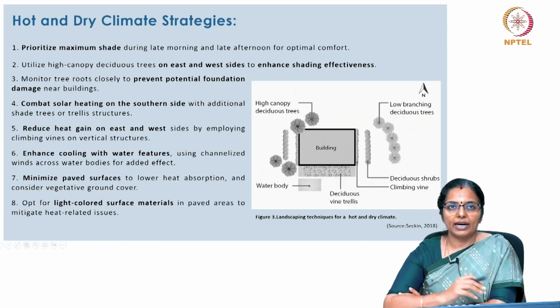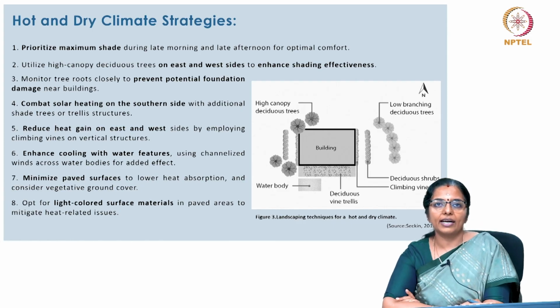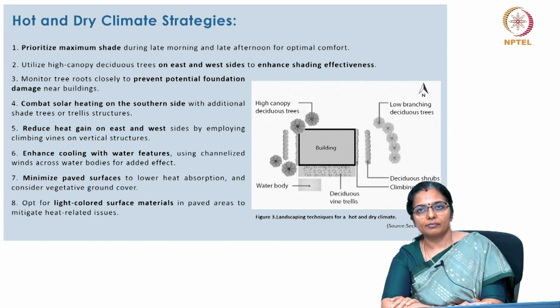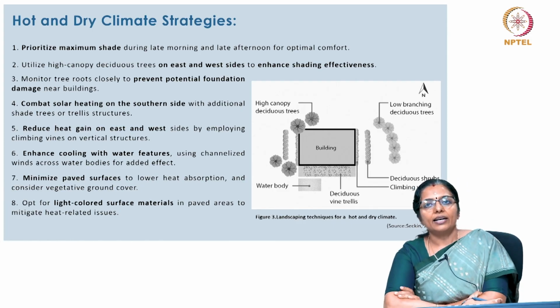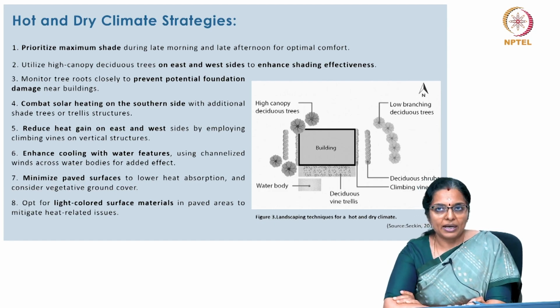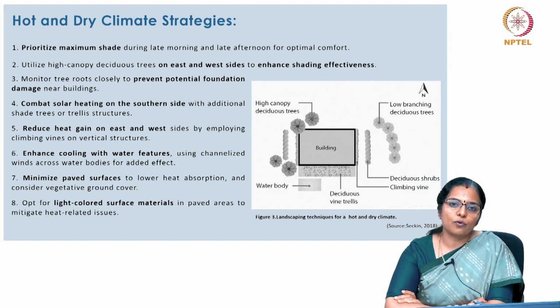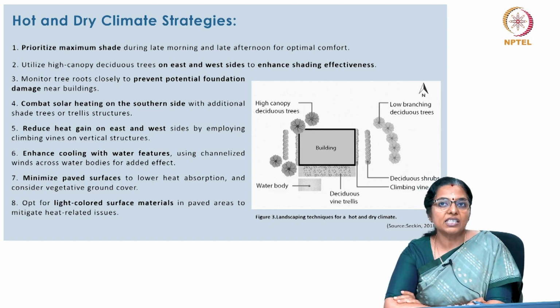Let us now address the hot and dry climate conditions. In addressing hot and dry climates, strategies focus on maximizing shade for comfort, using high canopy deciduous trees strategically, and monitoring tree roots to prevent damage.